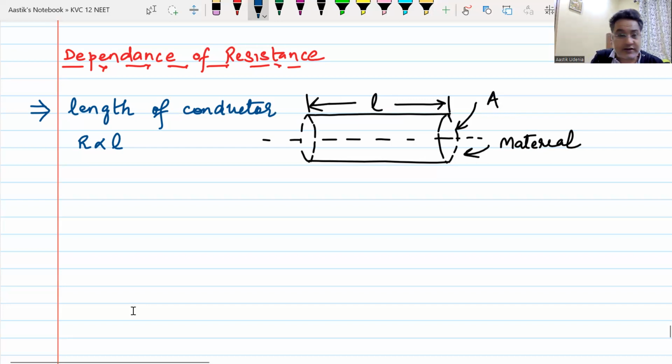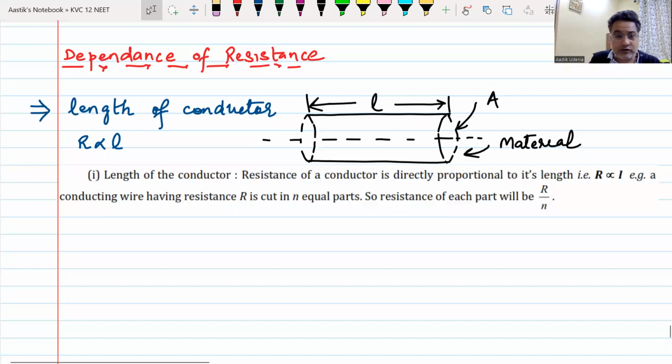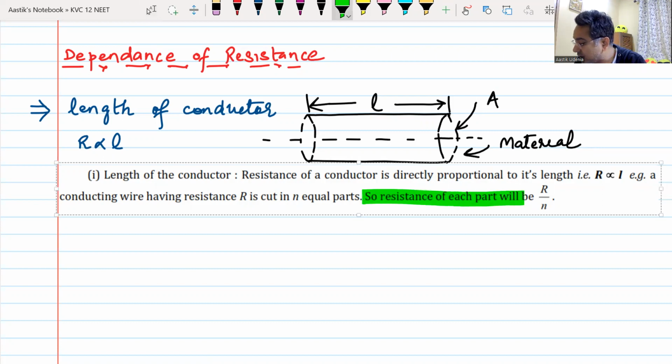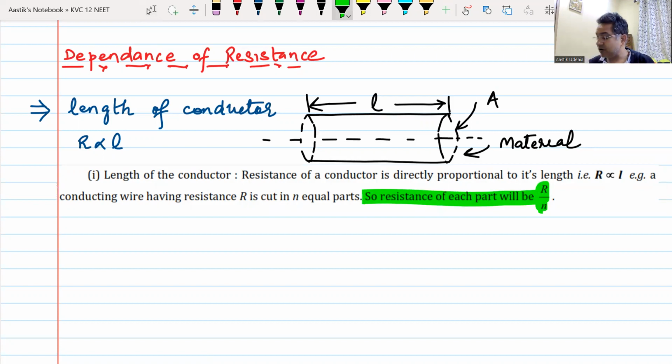In fact, if I cut a conductor into n equal parts, the resistance of every part will become R by n, because the resistance is directly proportional to the length. Do we understand this first point? First. Then the second point is the area of the conductor.